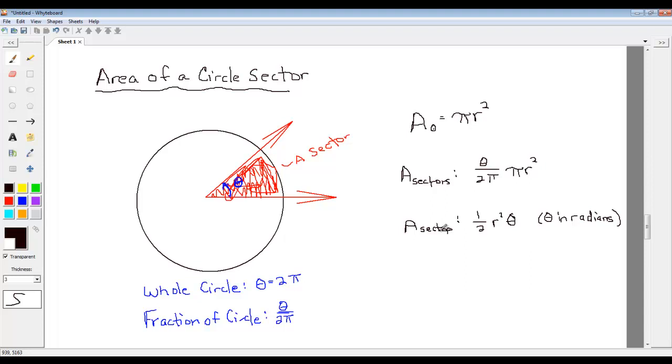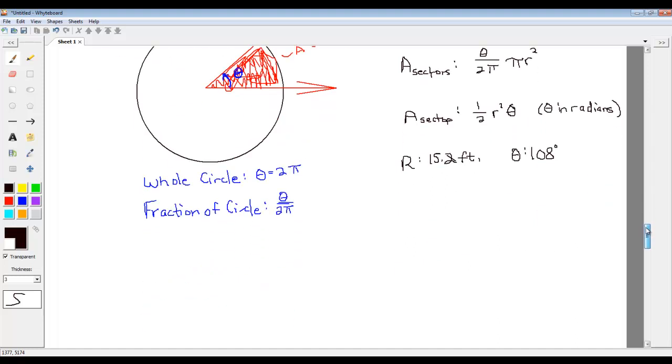Okay, let's say that you've got a sector that has a radius of 15.2 feet and central angle 108 degrees. Well, this formula is for radians, so let's go ahead and convert 108 degrees to radians.